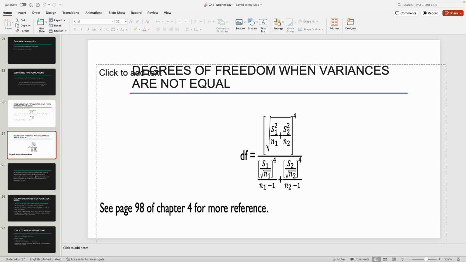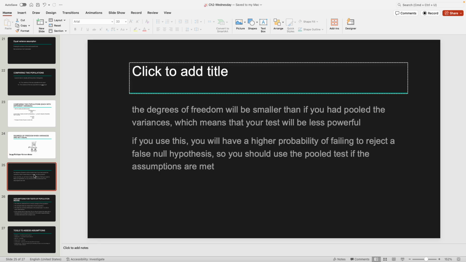If you want the most powerful test, you need to use the correct statistical test. Use the pooled variance when it's appropriate, and use the non-pooled variance when it's appropriate.